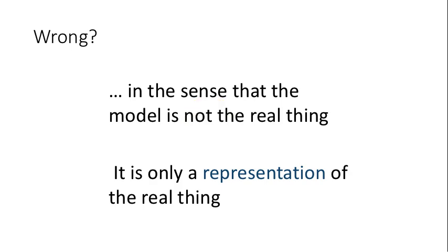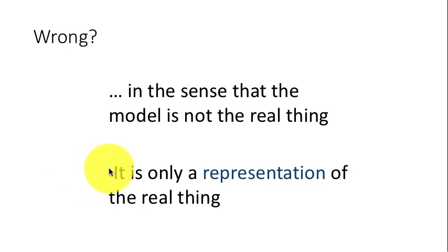I might have a model of a building sitting on my table. That's only a model of the building, not the building itself. I have a model to predict the cost based on weight, but that's not the real thing. The real thing is if you look at all the data. We didn't look at all the data. We looked at only 10 rows, and based on those 10 rows, we came to a conclusion that may not be correct.